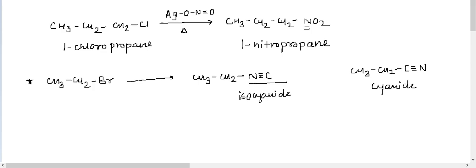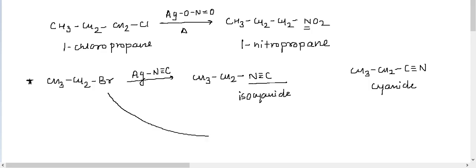Now we have to convert CH3CH2Br to CH3CH2N triple bond C. Now how to convert it? We just have to react it with AgCN, silver cyanide, and we will get CH3CH2N triple bond C.